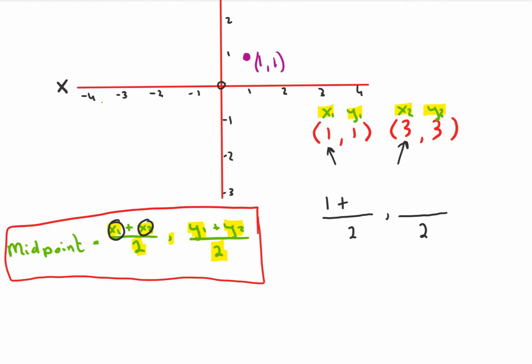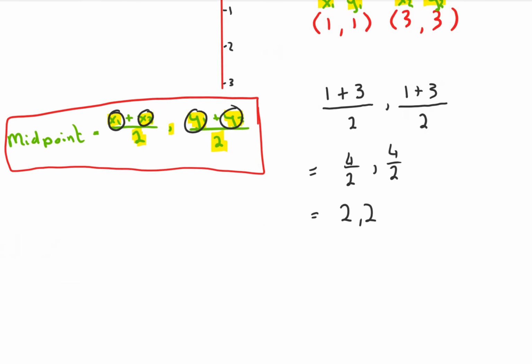There's x1, there's x2, comma, y1, which is 1, plus y2, which is 3. So just simplifying that, 1 plus 3 is 4 over 2, comma, again 1 plus 3 is 4 over 2. If we simplify these fractions we get 2 comma 2.